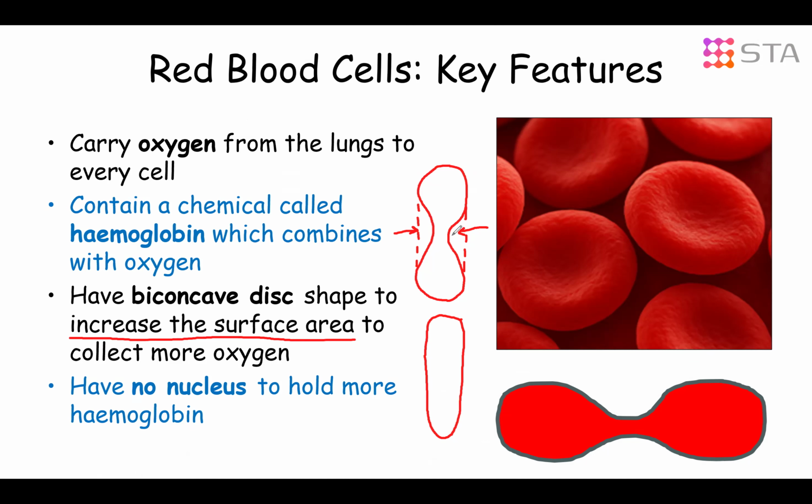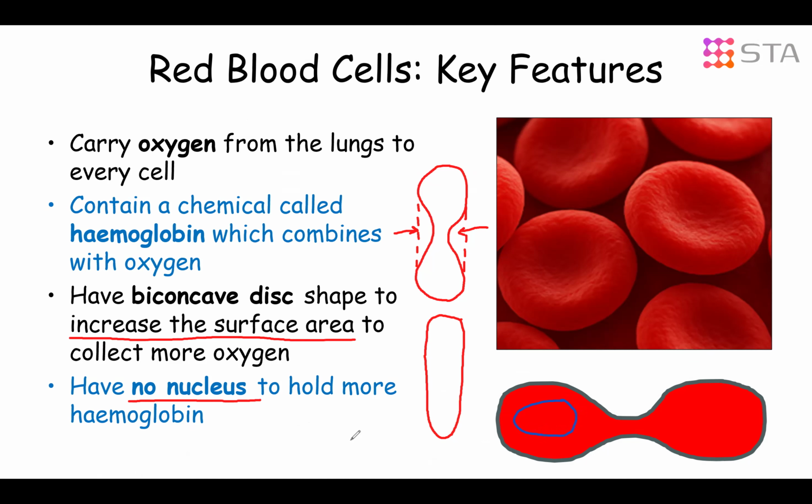Another thing that's unusual about red blood cells is that they do not have a nucleus. They are the only cell in humans or in animals, because humans are animals, that does not have a nucleus. Now, just imagine if there was a nucleus inside the red blood cell, it would take up a lot of space.